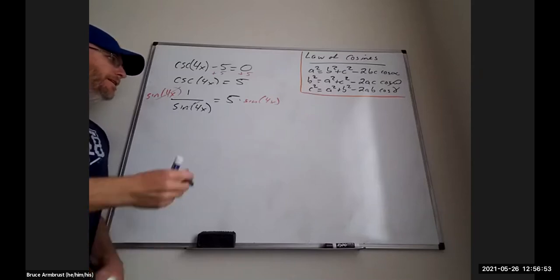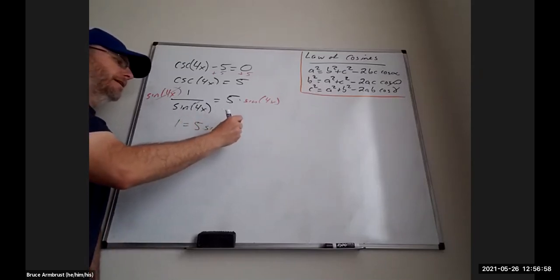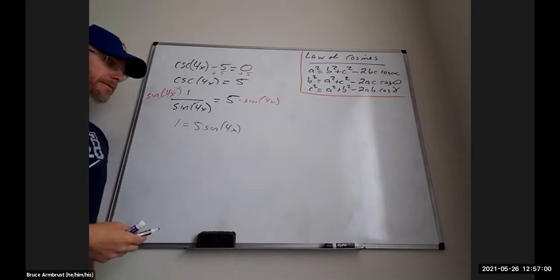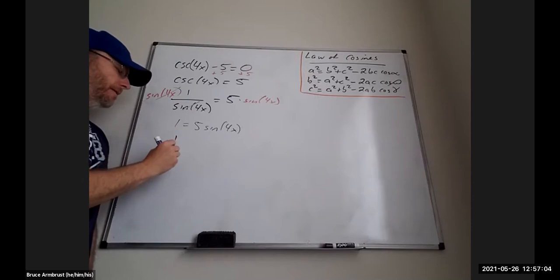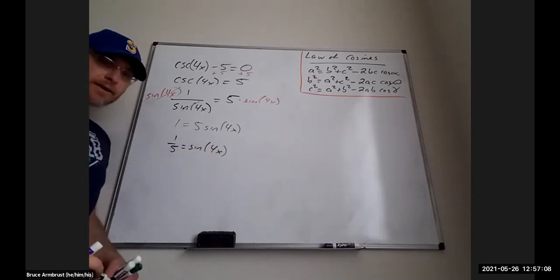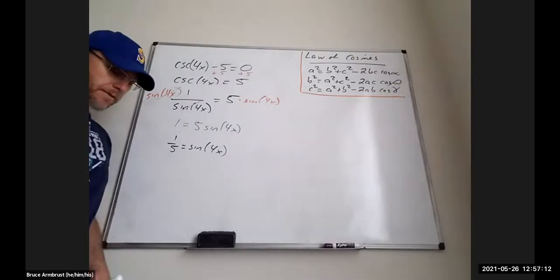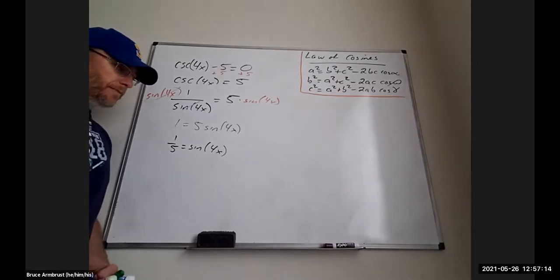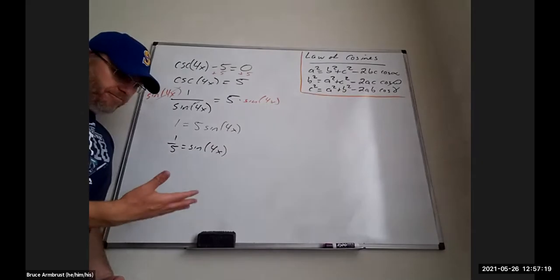So we get 1 is equal to 5 sine of 4x. And this will have solutions. Because if I divide by 5 to get my sine all by itself, now I can do inverse sine. And then this is just like any other problem.